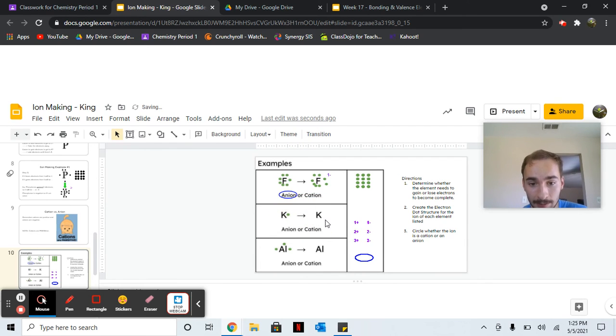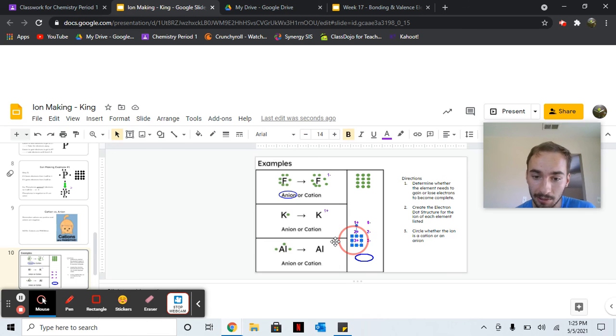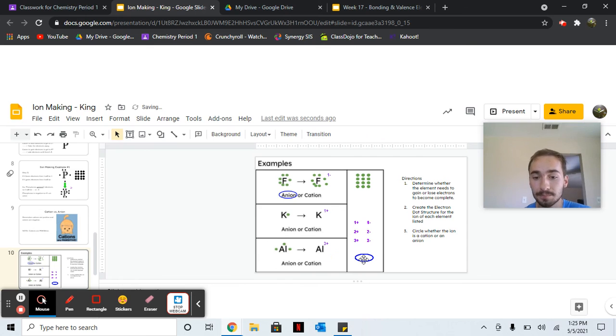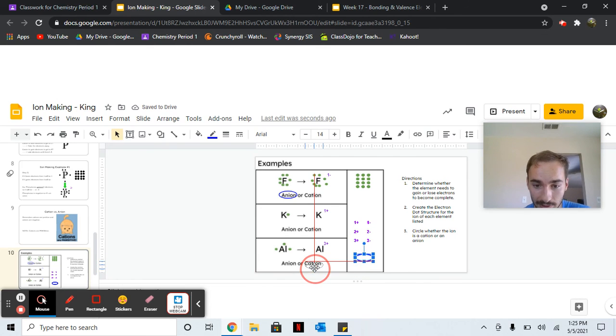Potassium's the opposite. Potassium is closer to 0, so it's going to lose an electron. And since it lost a toxic friend, it's going to be +1. Aluminum, 3 is closer to 0. So 3 is going to go down. Aluminum's going to go down to 0. And since it lost 3 toxic friends, it's going to be +3. And both aluminum and potassium are cations.